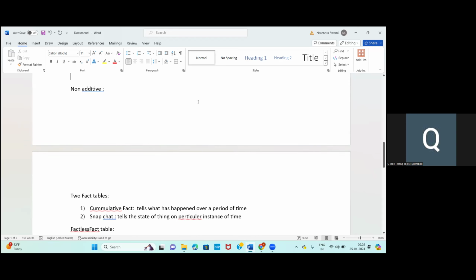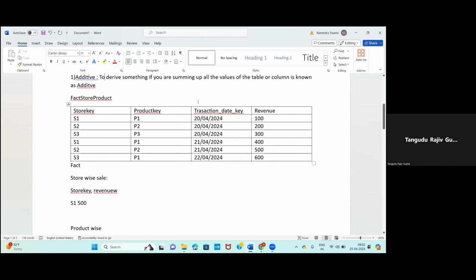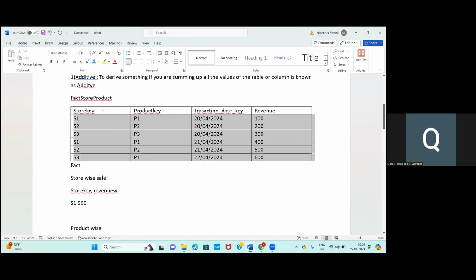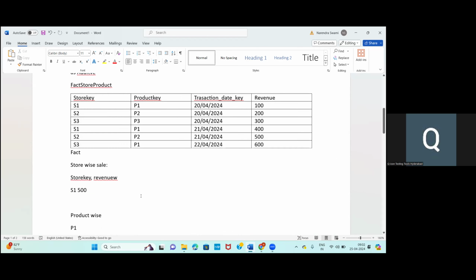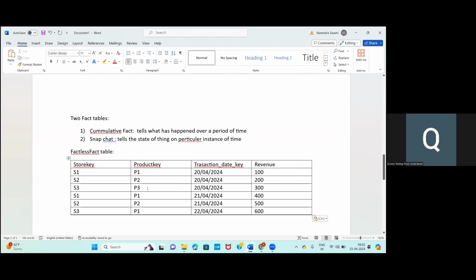I'm just taking an example of this table. Here, I'm saying this fact table does not have facts and measures.